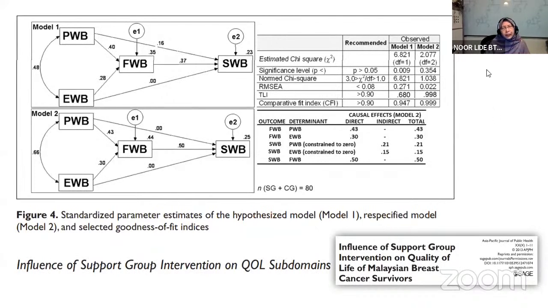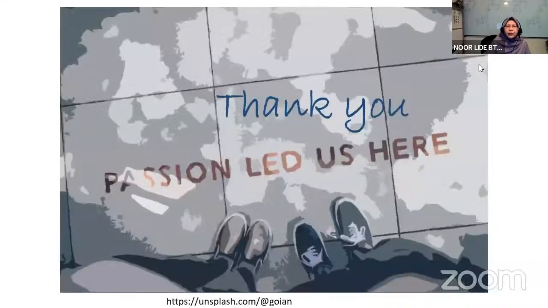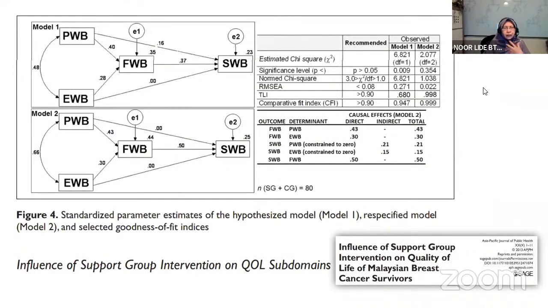I think by exposing our students to these different types of models, it would help them to have a better understanding about how to develop a theoretical framework for their study.